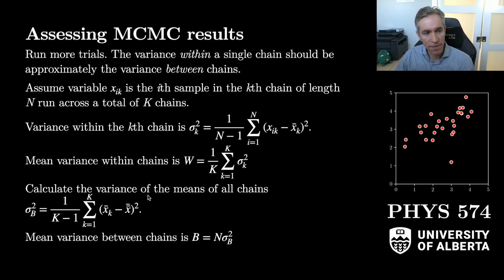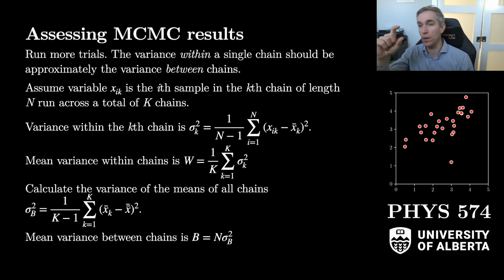You calculate the variance of that value, and again, you apply the Bessel correction that gives you the between-chain variance, and we define the parameter B here as n times sigma_B squared. Now notice that this n is trying to reflect that this is in some sense the error in the mean, or the variance around the mean.